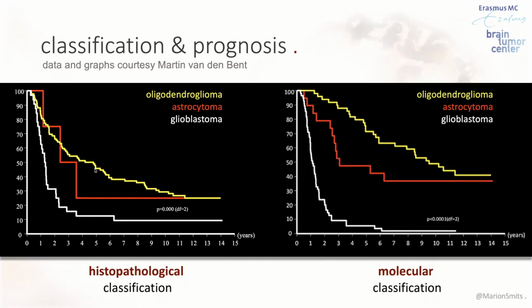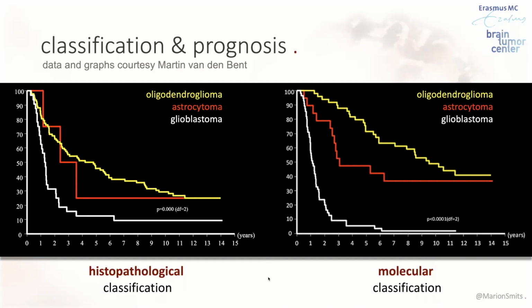Here you can see the overall survival for oligodendroglioma in yellow, astrocytoma in red, and glioblastoma. So we can separate them a little bit, and we could separate them a little bit on imaging, but it's not great. This clearly is a lot better. Biologically, they're much better separated, and that is probably reflected in the imaging as well. So our molecular classification probably helps us to also diagnose with much higher accuracy.